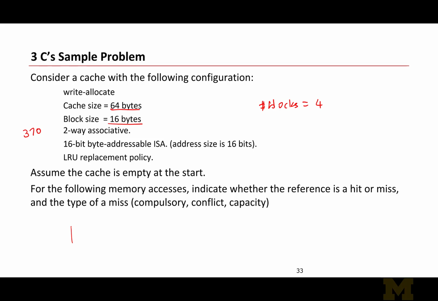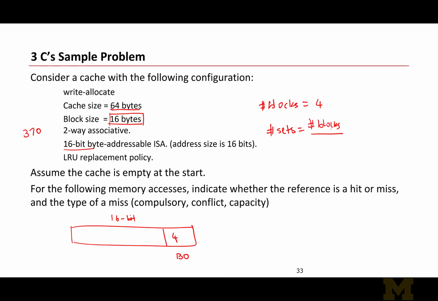So what that means is I would take a 16-bit address that is given to be the size of my address, and the block size is 16 bytes, so that means 4 bits are for my block offset. And then it's a two-way set associative cache, so the number of sets is going to be the number of blocks or number of lines divided by the number of ways, which is 2.